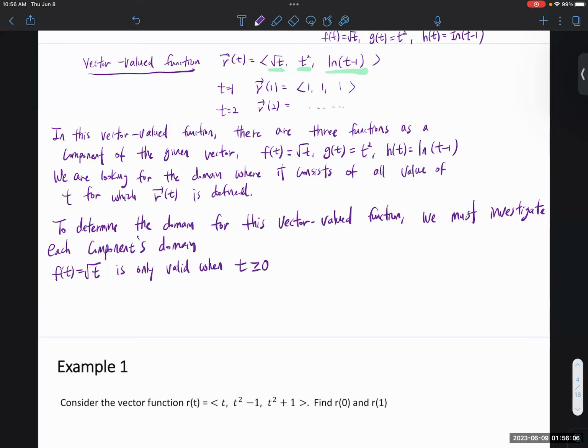Why is this whole vector a vector valued function? When you look at each component, each component is a function form.